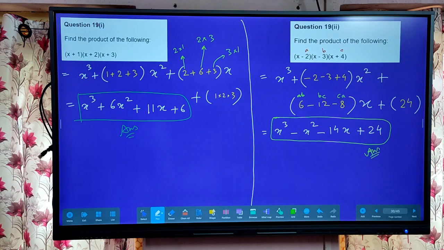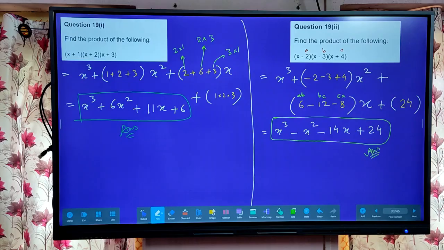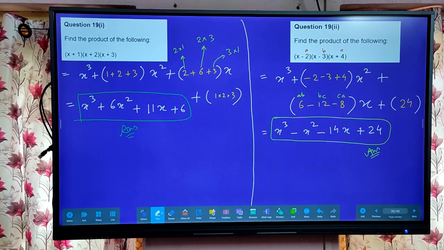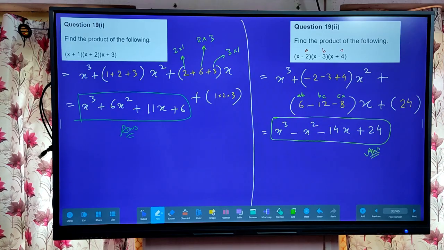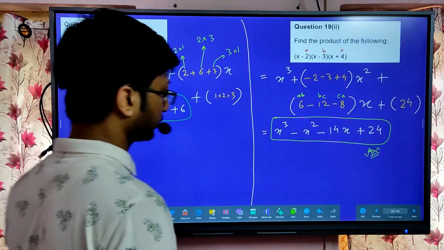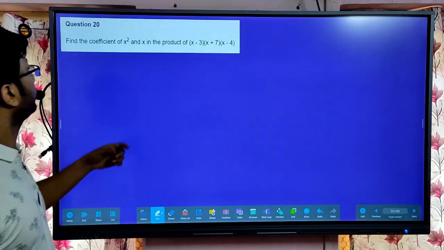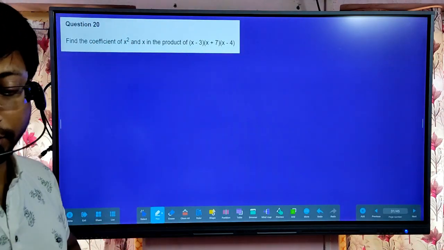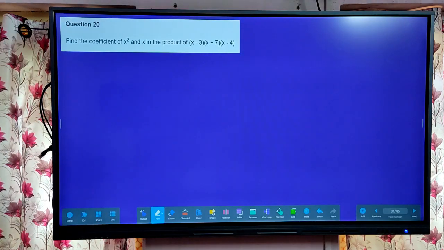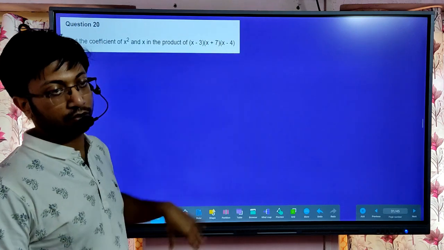Okay, so let us move on to the next question. Find the coefficient of x square and x in the product this. Now here only the coefficient is asked for, so you don't have to multiply and expand the entire thing. This entire thing expansion is not required.